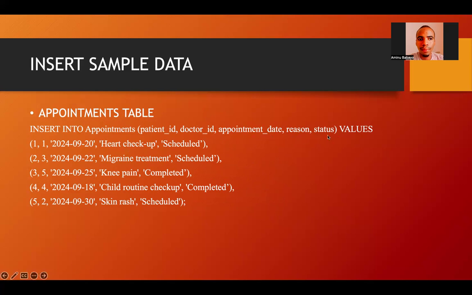These are the sample values. This one, 1, is the patient ID, then the doctor ID for this specific record. We have the date for the appointment, the reason, and the status, whether scheduled or completed. And even if we leave these fields blank, we know the default is going to insert scheduled.